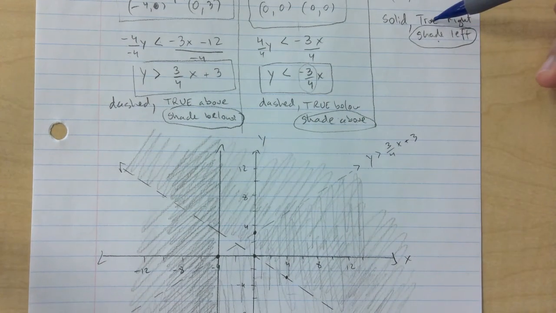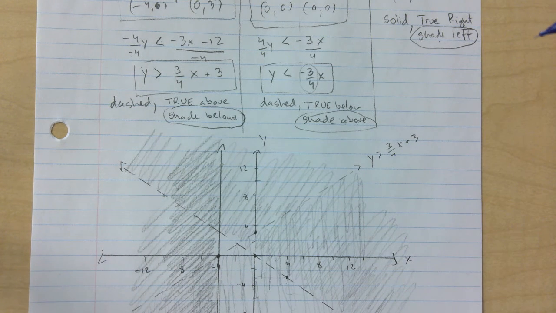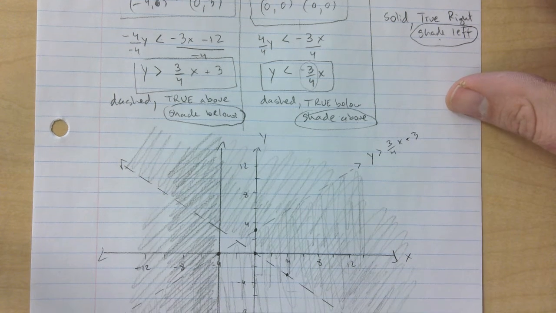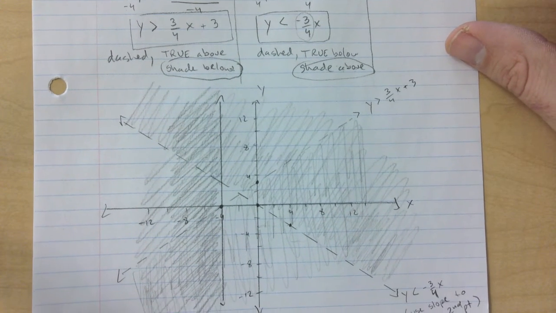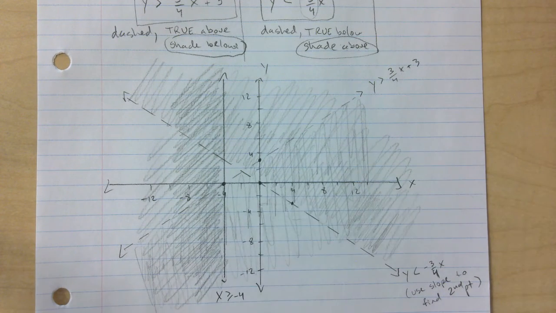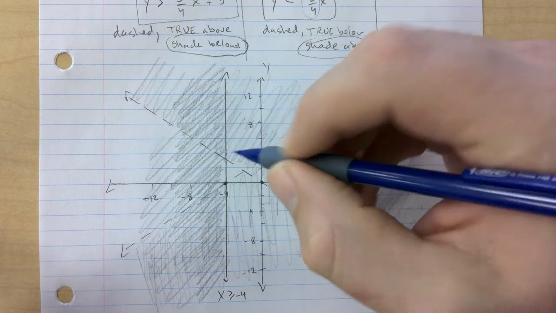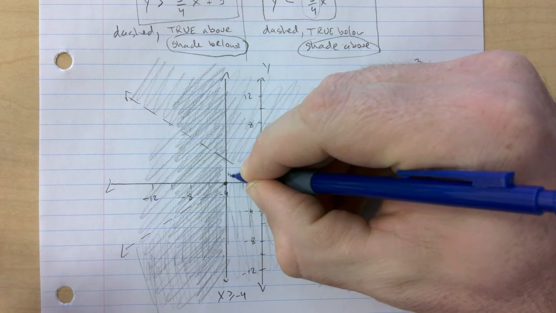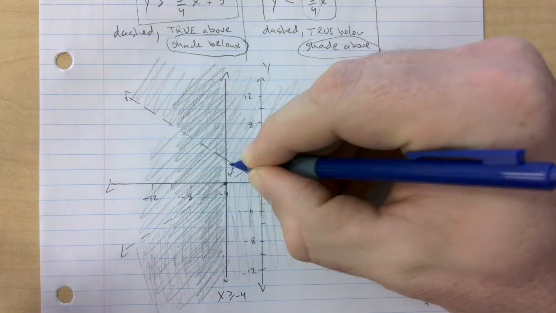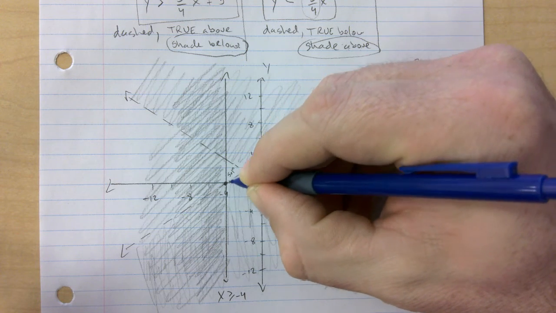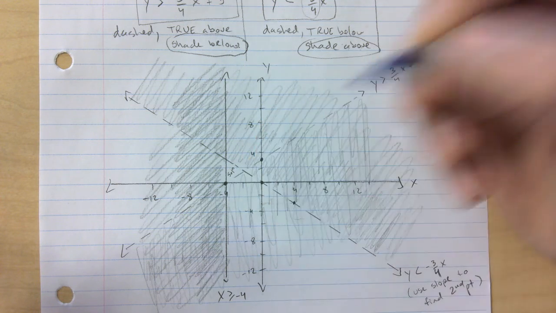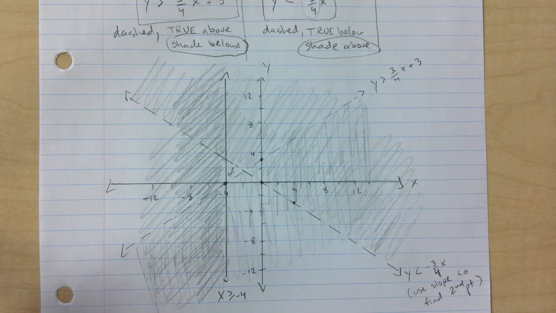The true is right, so we shade the opposite. Okay? So where's my solution region? I love these ones. These are my favorite when you have a little triangle in the middle there. So just write down solution like this. It is in fact this little triangle in there.